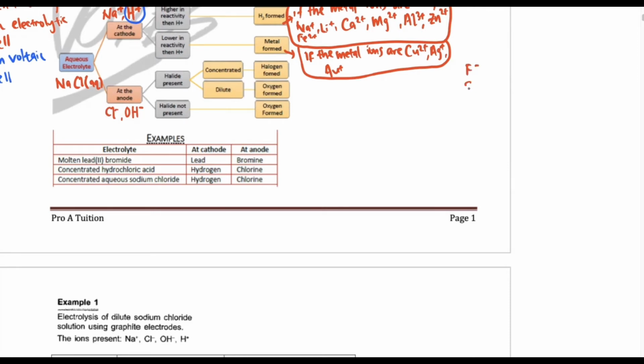Fluoride, sulfate, nitrate, chloride, bromide, iodide, and hydroxide. Okay, so they put it in this way. I draw a line here.